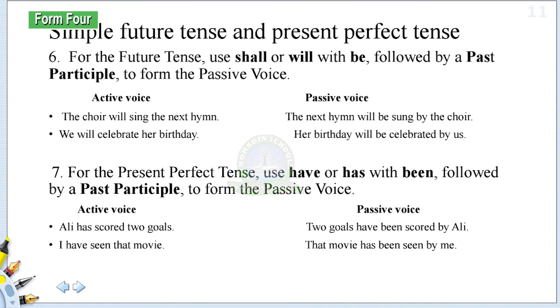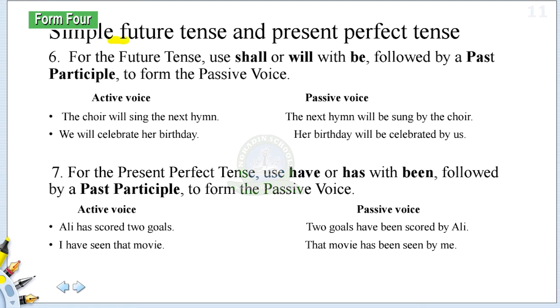Let's continue. Simple future. How are you going to use simple future in passive voice? And the rules, keep the rules. And present perfect tense, two tenses. For the future tense, not all the tenses, but simple future tense only.